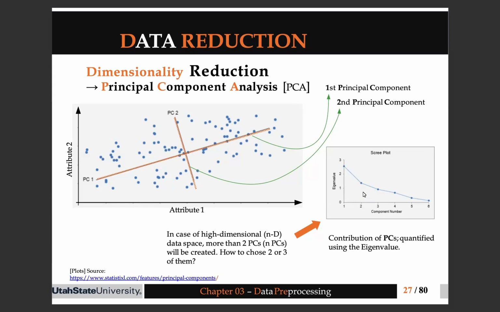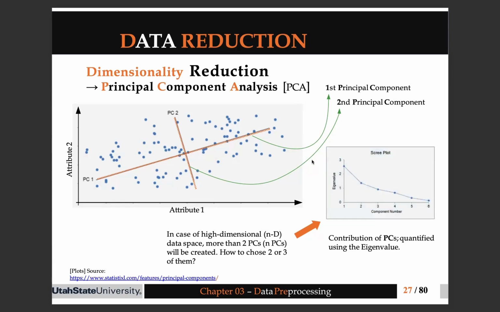The second principal component has an eigenvalue of 1.5, and it goes lower and lower until the eigenvalues are almost stagnant or converging towards a very small value, which means that principal component number 6 is probably not going to add much to all the other principal components, because this is how much information it contributes, which is very small in this case.